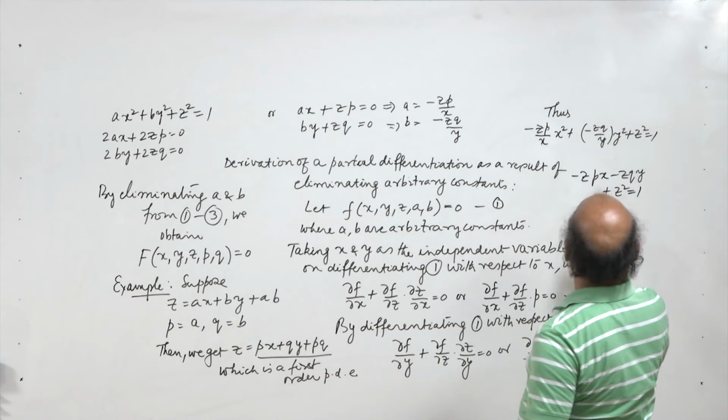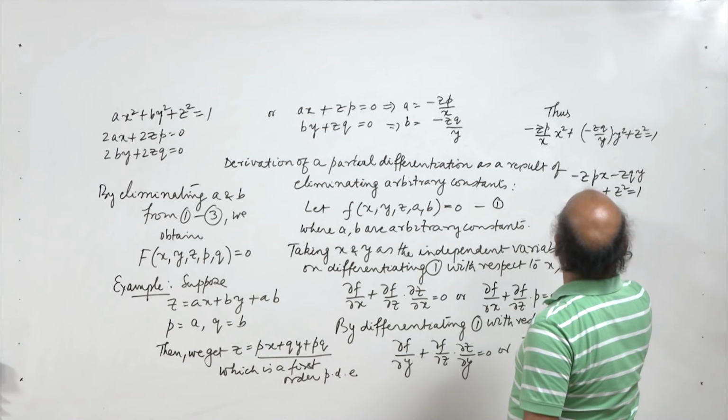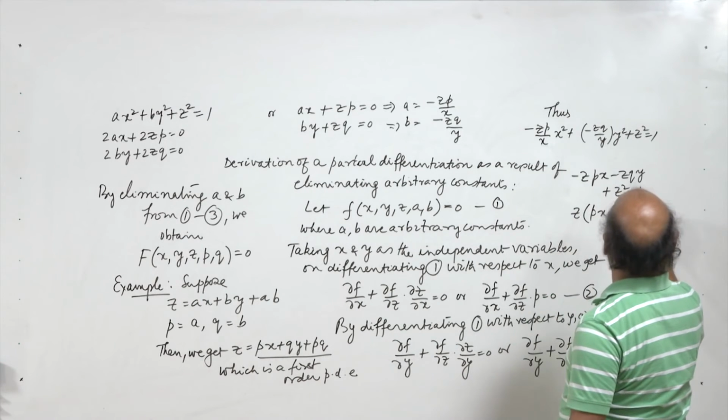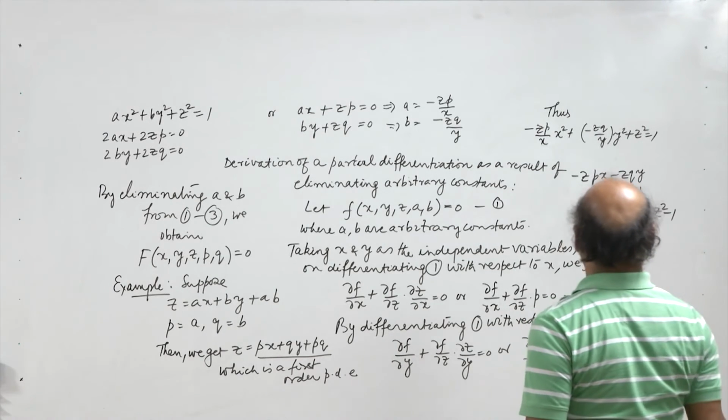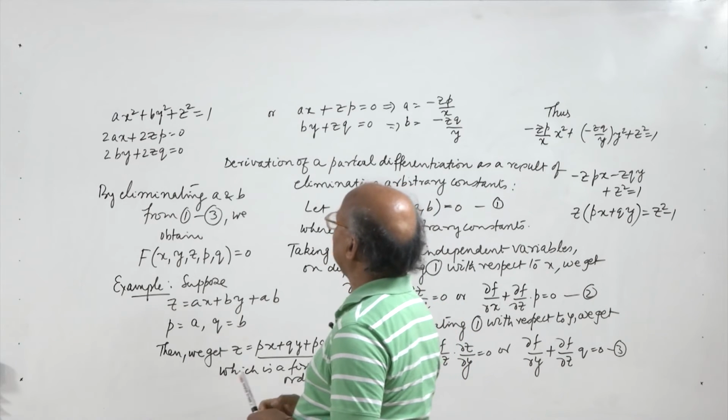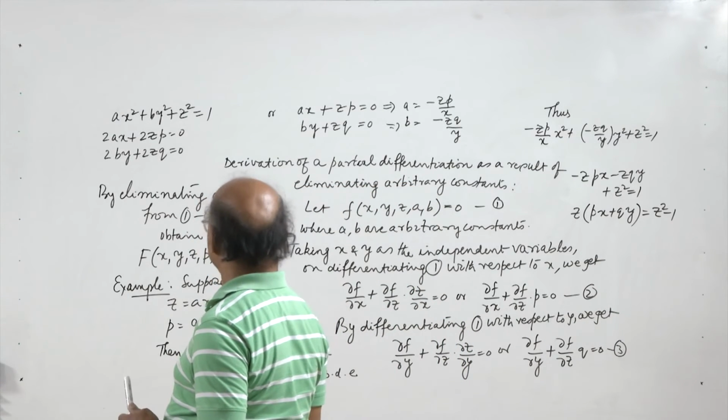Or we can write it as z times (px plus qy) equal to z² minus 1.